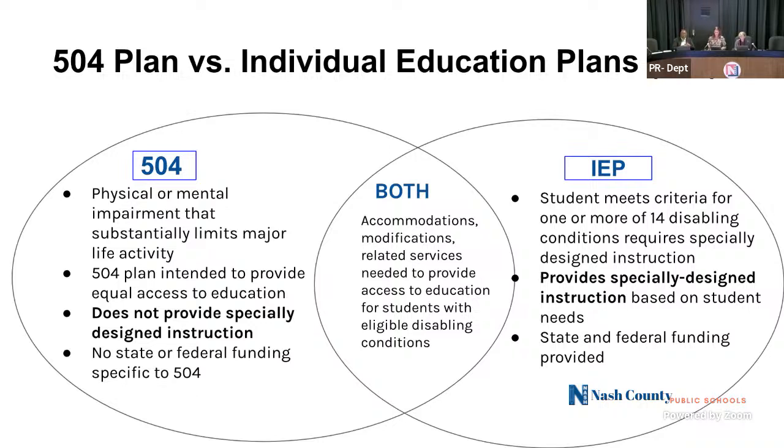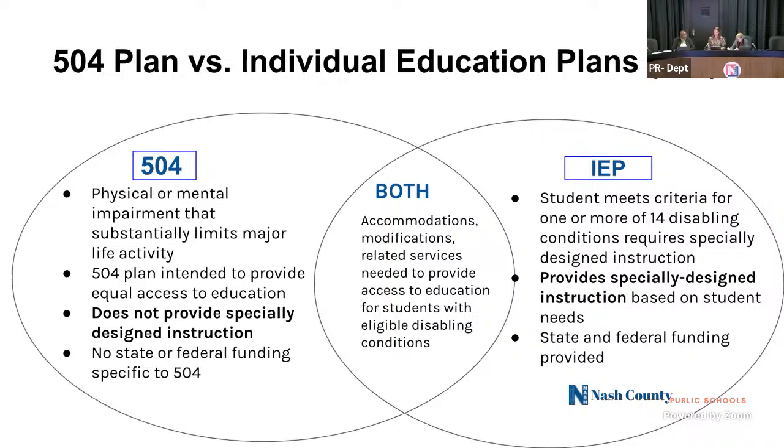And 504 plans are intended to provide equal access to education, so it does not provide specially designed instruction. We focus on providing support so that the child has equal access to the education as their peers. And there is no state or federal funding that's specific to 504.